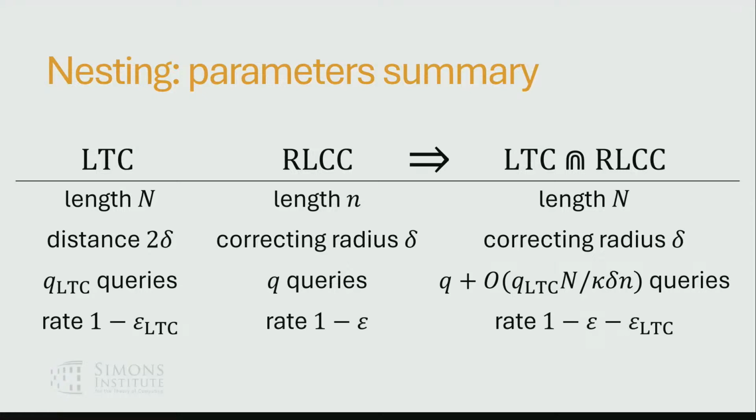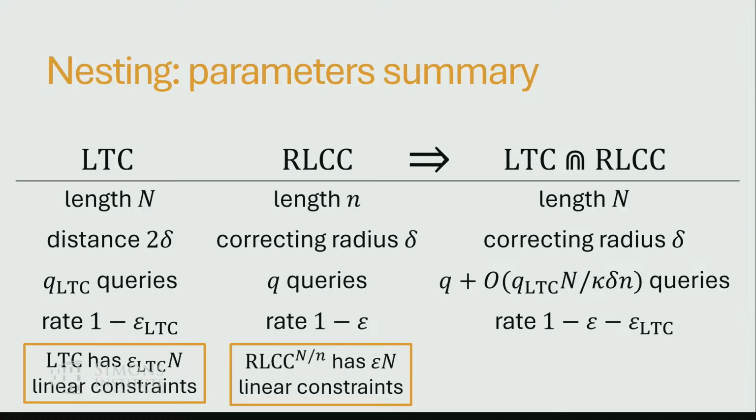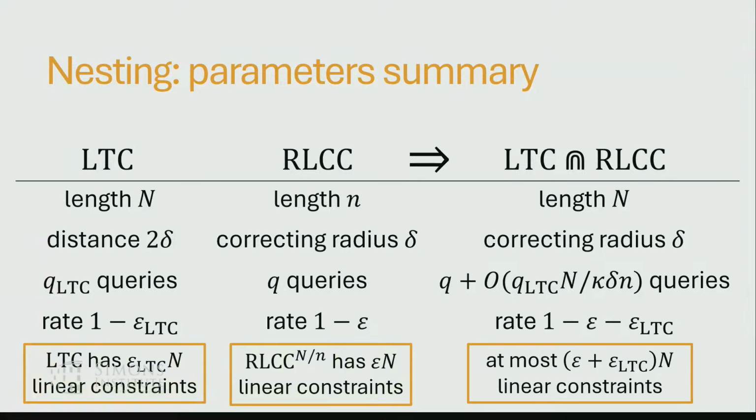The rate will also go down by an additive factor if LTC and RLCC are linear, because just by rank nullity theorem, you count how many linear constraints in the naive way, and they just add up. So we get this very nice property, which is that the queries deteriorate additively, and the rate also deteriorates additively. So it's going to be well behaved when we iterate this operation to get bigger and bigger RLCCs.